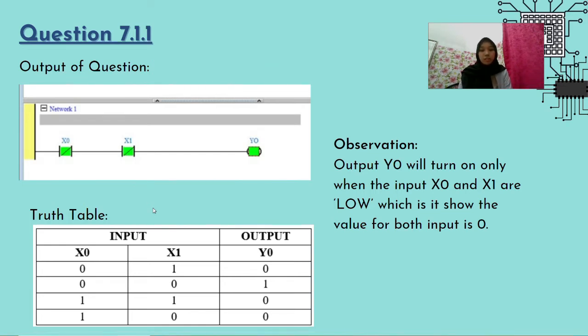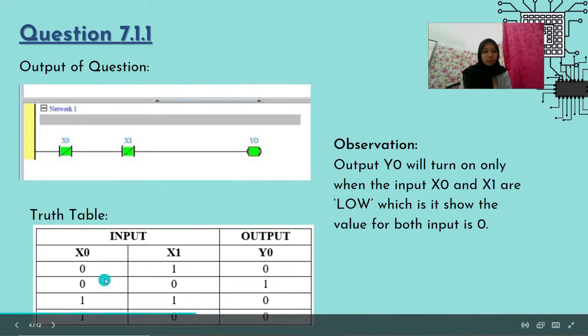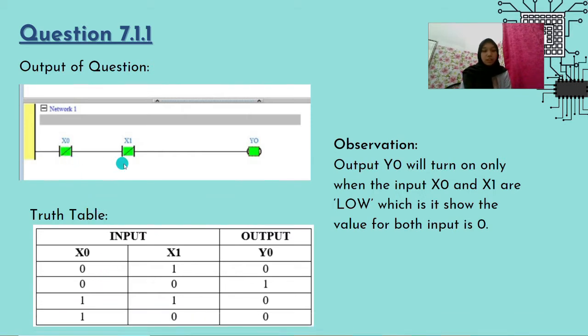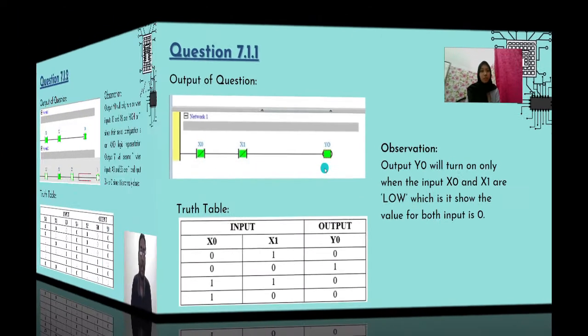From the result, the observation is that the output y0 will turn on only when the inputs x0 and x1 are low, which shows that the value for both inputs is 0. So when the input for x0 is 0 and the input for x1 is 0, the output is 1, which means it will turn on.